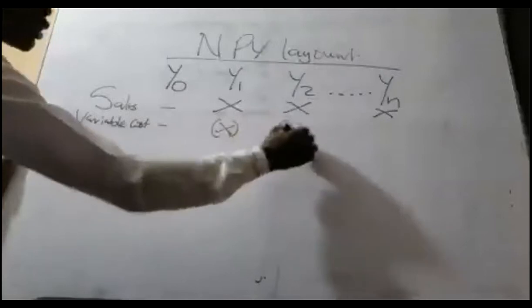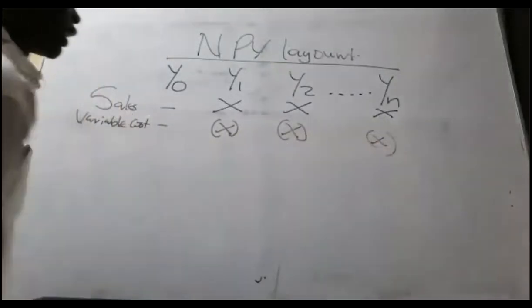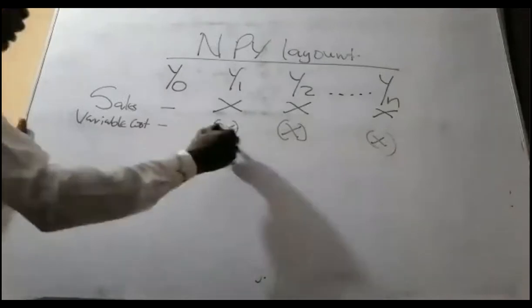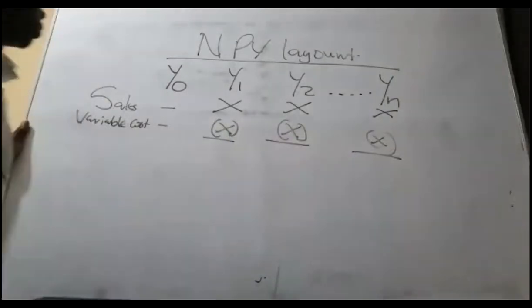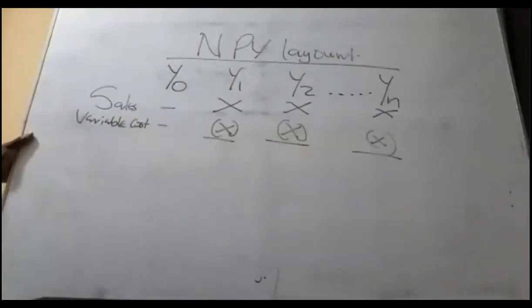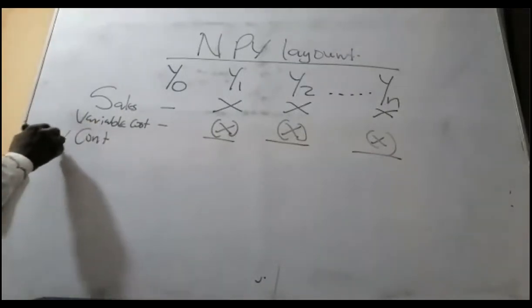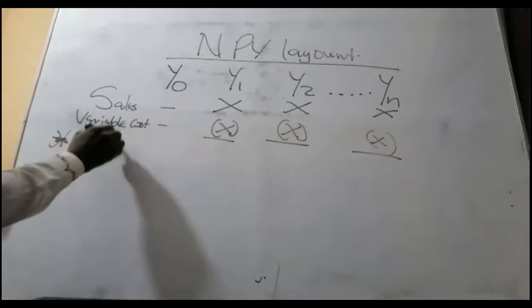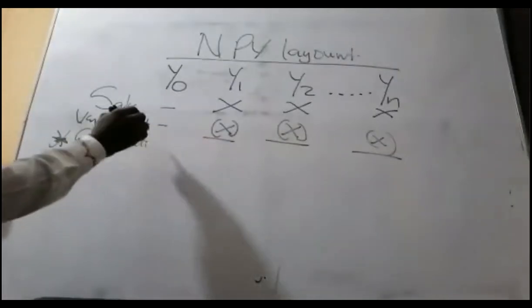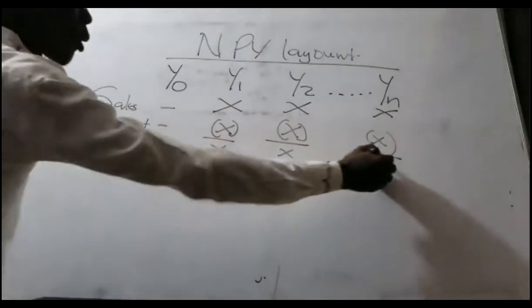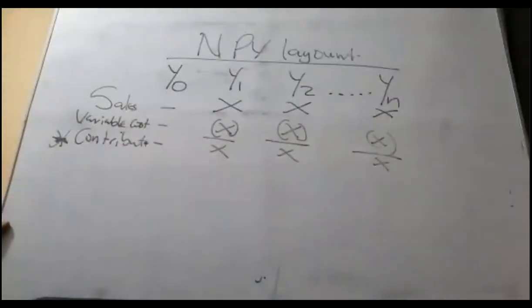And you know the composition of variable cost, right? Direct material, labor, and direct expenses. When you subtract, what do you get? You get contribution. In fact, you can skip this; it's not compulsory to do that. Contribution, dash. I hope you get it.